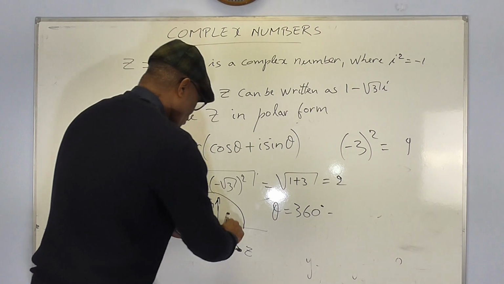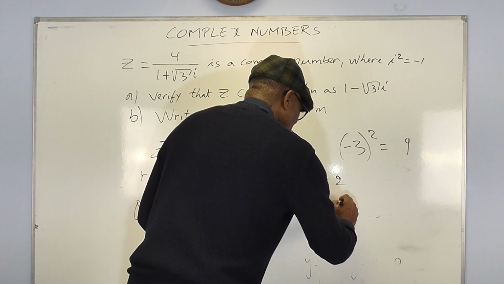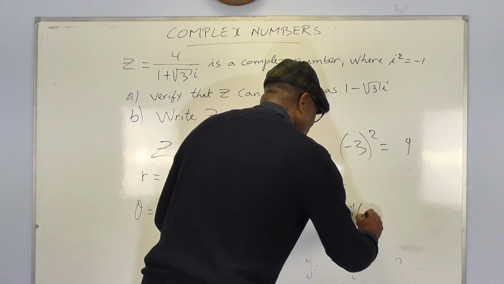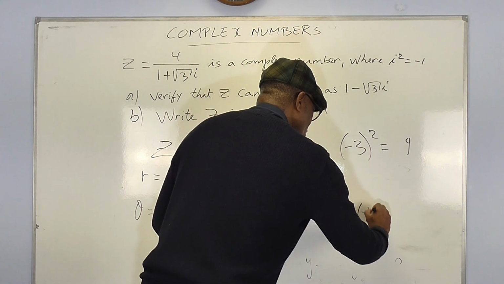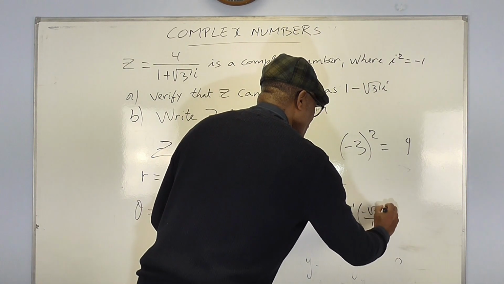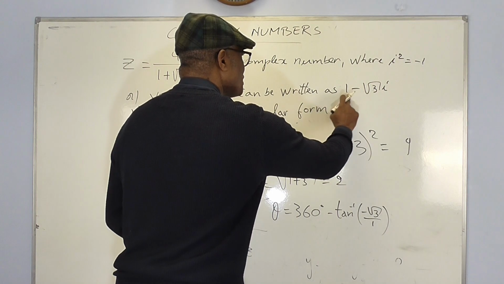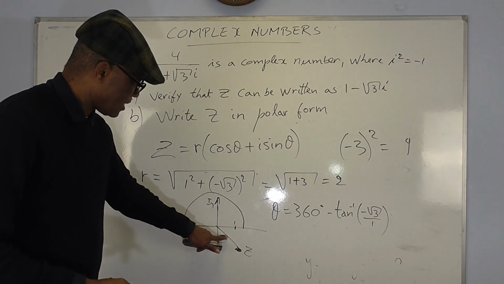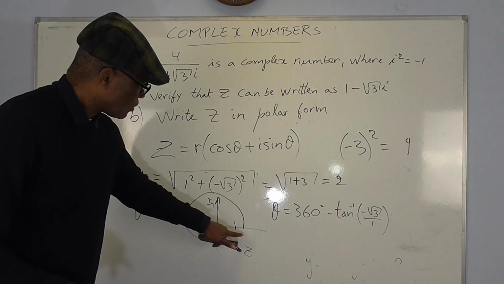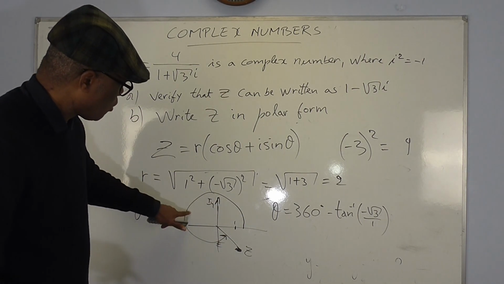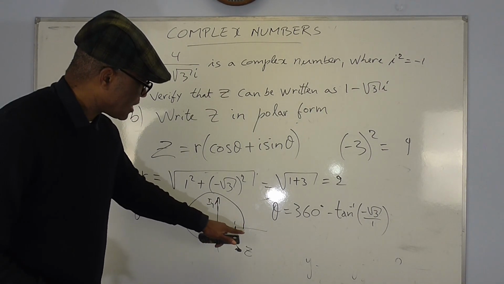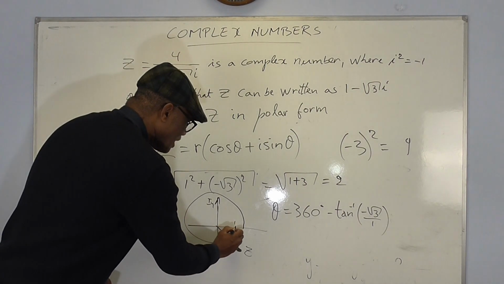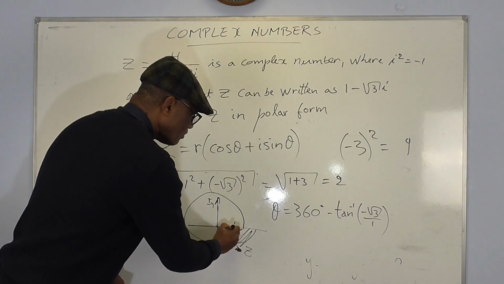Take away tan reverse of minus square root of 3 over 1. Because it is there, as I say, we turn around up to here, so it is 360 degrees take away this part.